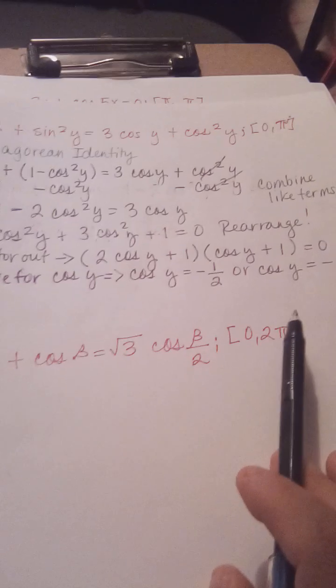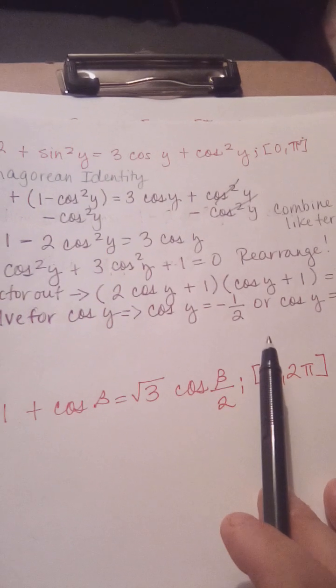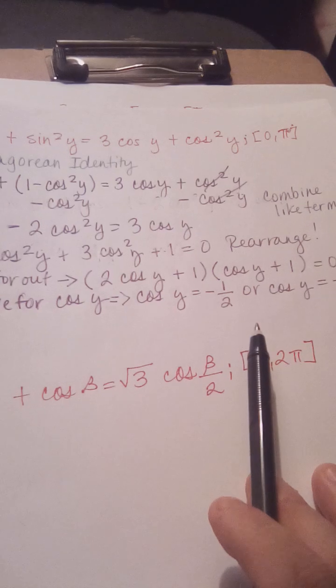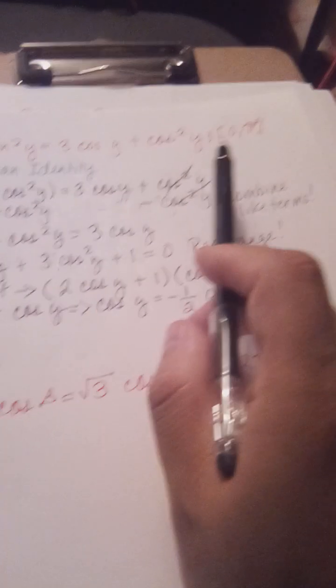This will be cosine y equals negative 1/2, or cosine y equals negative 1. So, based on what it looks like, find the solutions in the given interval, and this is what it looks like here.